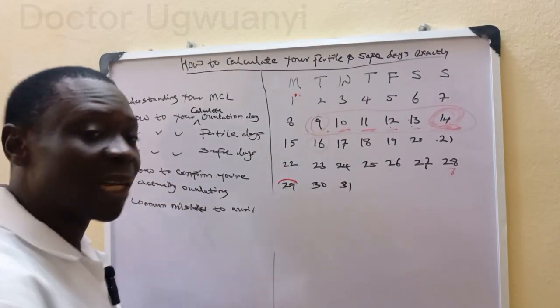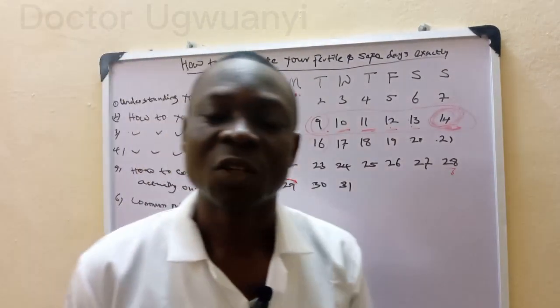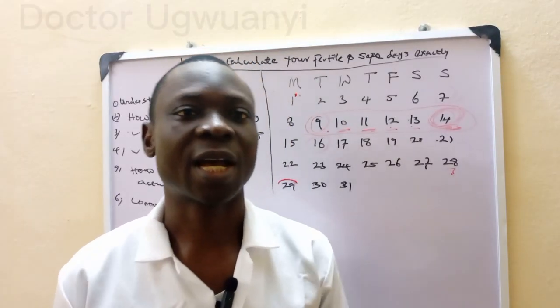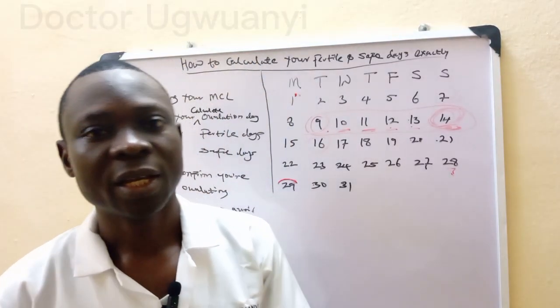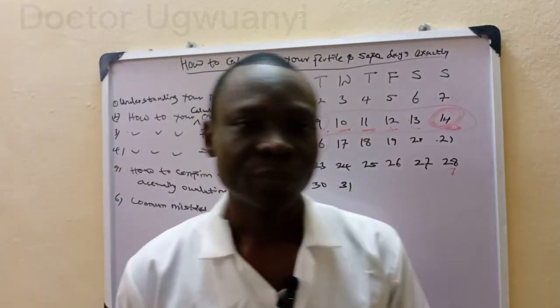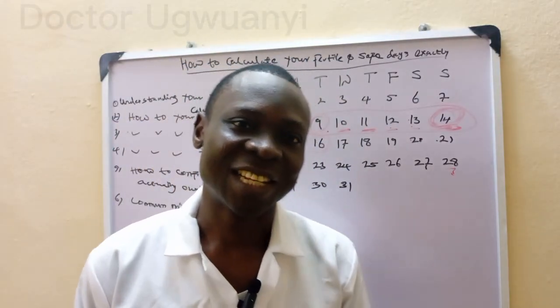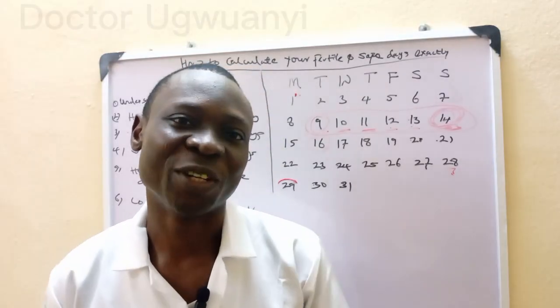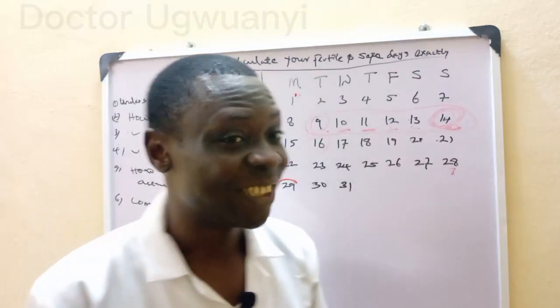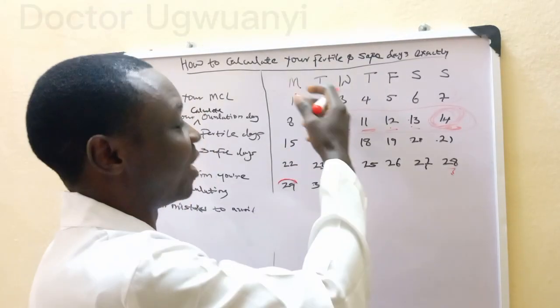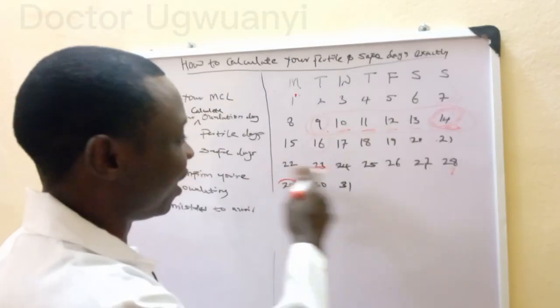Okay. So what are the common mistakes that most women make, and how can you avoid these mistakes? Number one is that most people calculate their fertile days and safe days without knowing their menstrual cycle length. You can see from what we did that we use the menstrual cycle length in all the calculations.